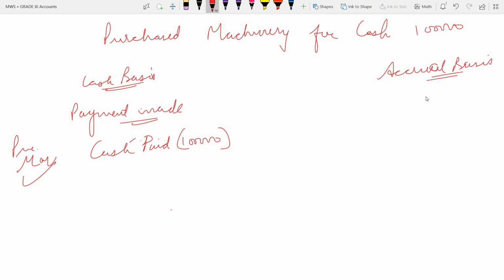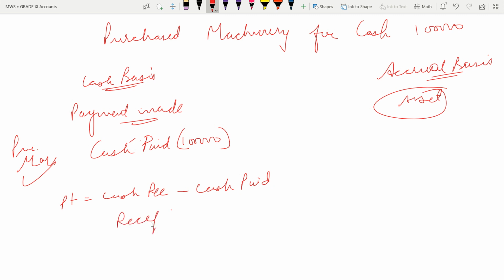it will not be recorded in the profit and loss account because it is machinery and machinery is an asset. Here in cash basis, the formula for taking out profit is cash received minus cash paid, or simply, all cash receipts minus all cash payments.